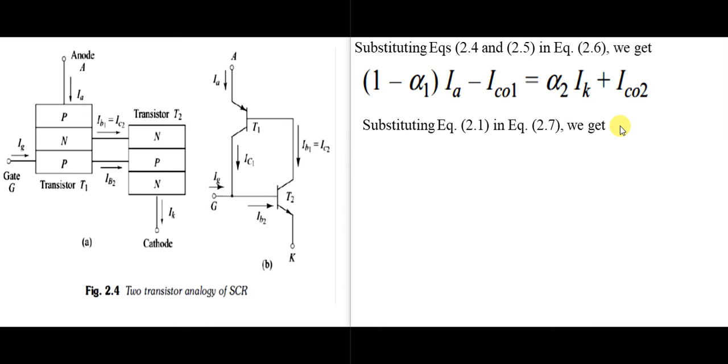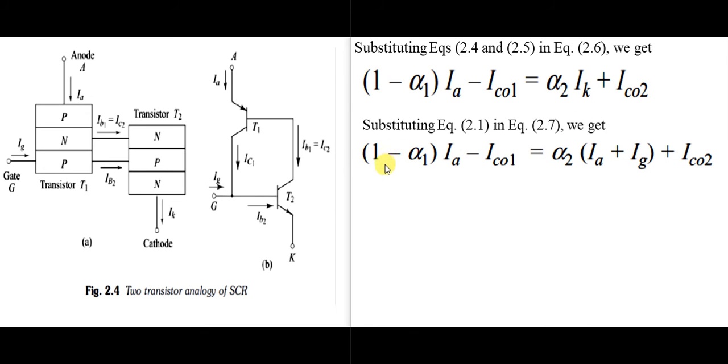Solving it further, we get (1 minus alpha 1) IA minus ICO1 equals alpha 2 times (IA plus IG) plus ICO2. So ICO1, ICO2 and alpha 2 are as they are. We have replaced the value of IK from the previous equation.